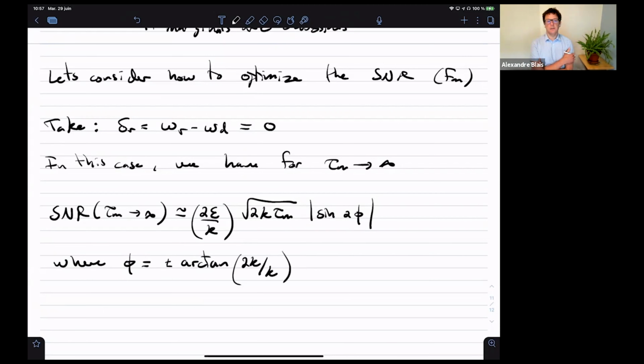This is what you find if you do that. Where does this expression come from? Well, it's simply just putting all of the numbers together.